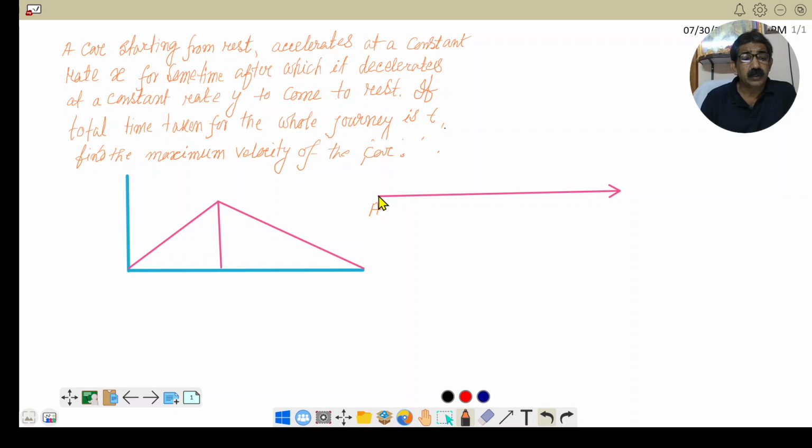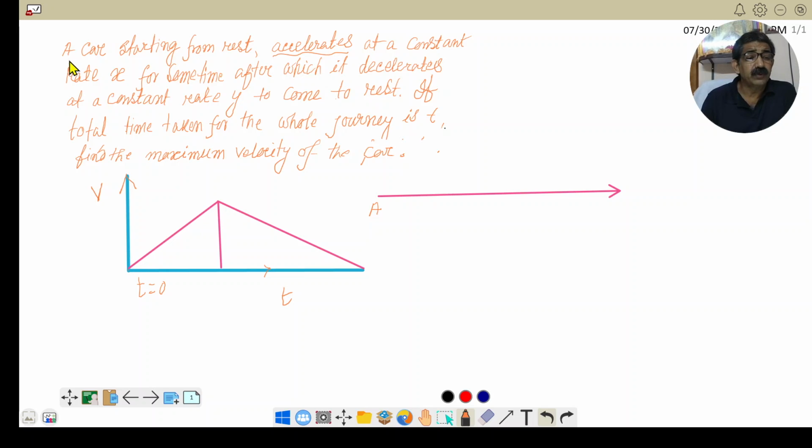So when it starts from rest at t equal to 0, v must be 0. This is the v axis, velocity axis, and this is the time axis. As time increases, as the car accelerates, the velocity increases with time.